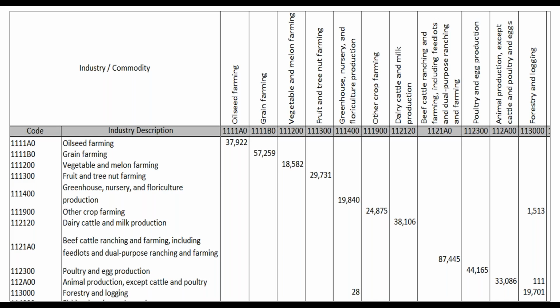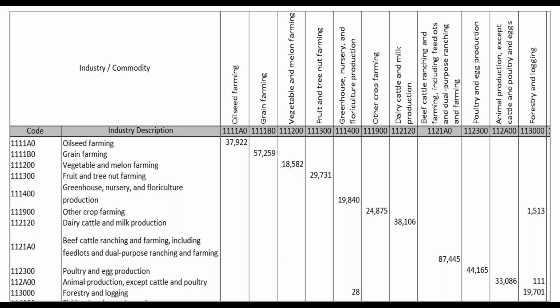And then here is a snapshot of the make matrix. And so it's flipped so that industries in this case are the rows, so they're along the left-hand side, and then the commodities are the columns across the top. So the main thing to point out here is you can see there's a nice clean diagonal line because each industry makes its primary commodity, of course.